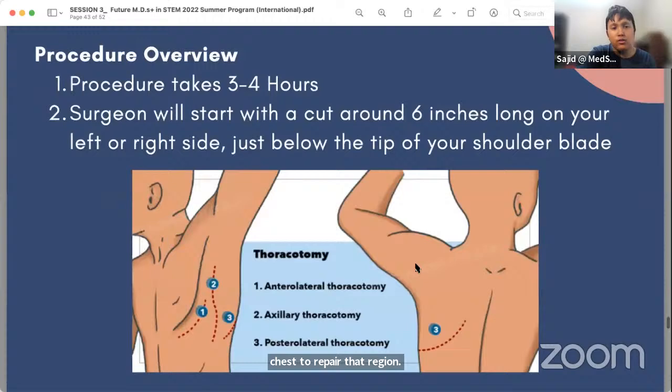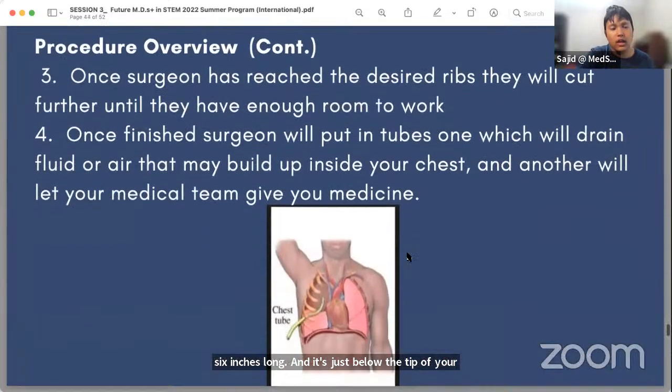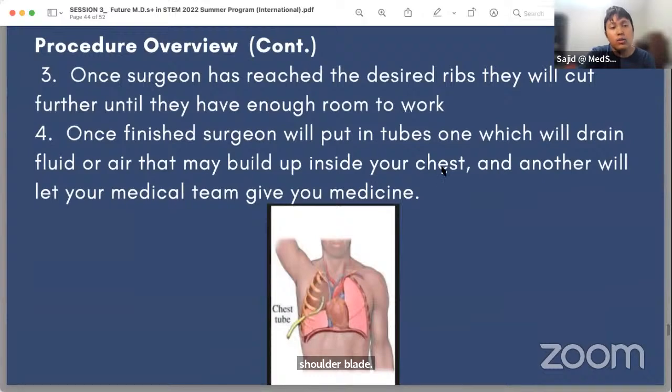The procedure takes around 3 to 4 hours, and the surgeon will cut into your chest. The incision is around 6 inches long, just below the tip of your shoulder blade. Once the surgeon has reached the desired ribs, they will cut further until they have enough room to work.